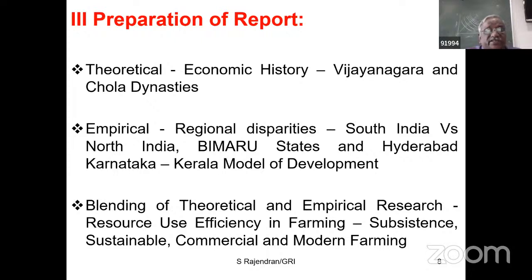So each region has its own regional identities, regional uniqueness. And all these should be cemented by taking up empirical studies, for which we have to venture into. And there has been a classic difference between the development in South India and North India.